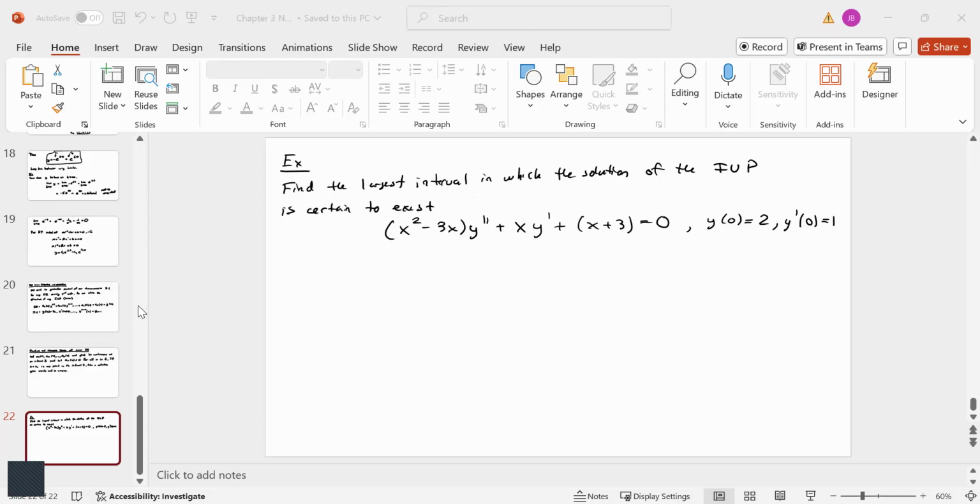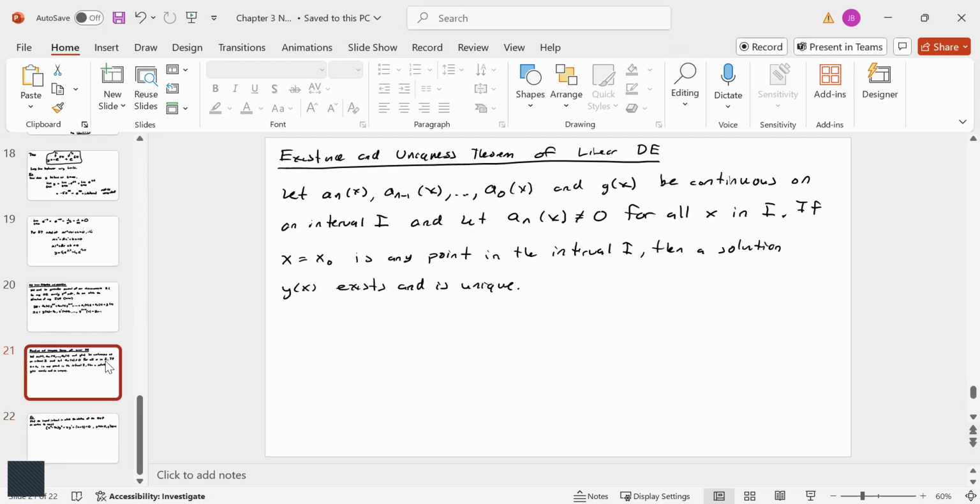So before we actually continue on, we're going to go back to this existence and uniqueness theorem. This is a very generalized version of it, and the proof is very complicated. But I'm going to simplify this for second order, because we'll want to be able to do this for second order differential equations.